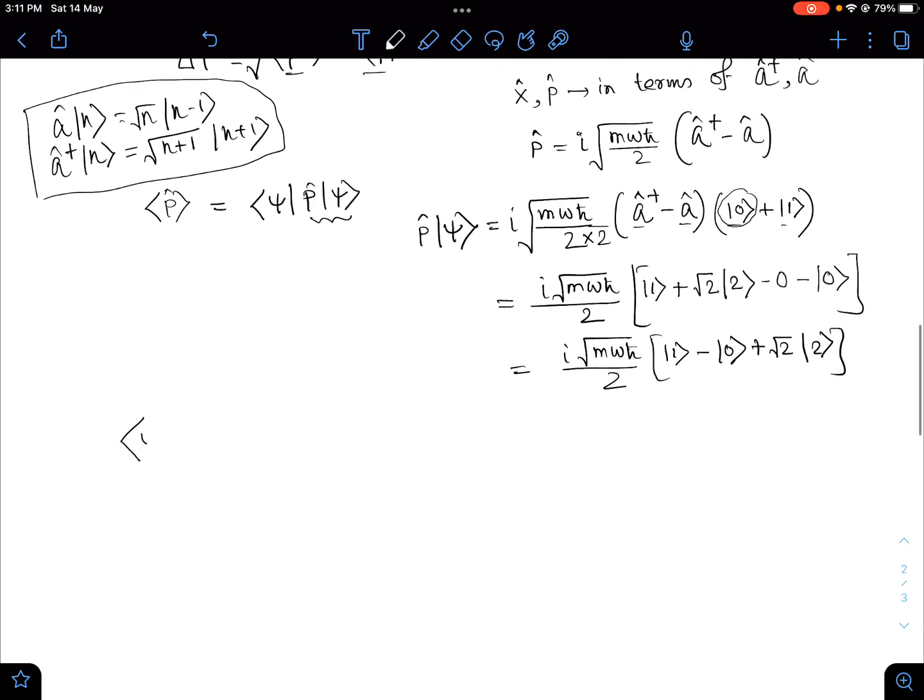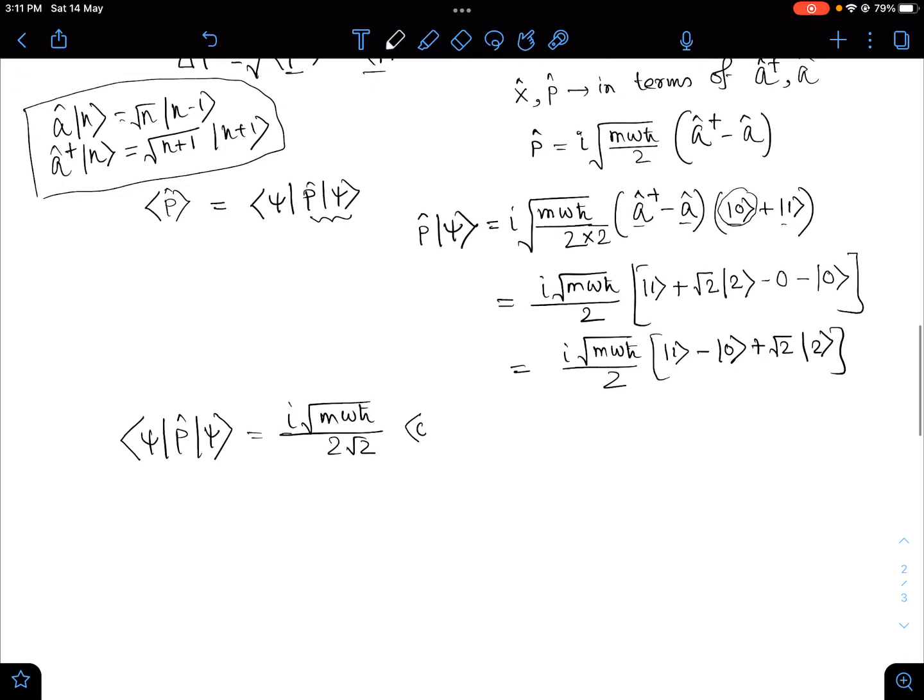So what will be <psi|P|psi>? It will be i root(m omega h cut by 2) times 1 by root 2, and for the bra psi we have <0| plus <1|, so we have to operate on this.